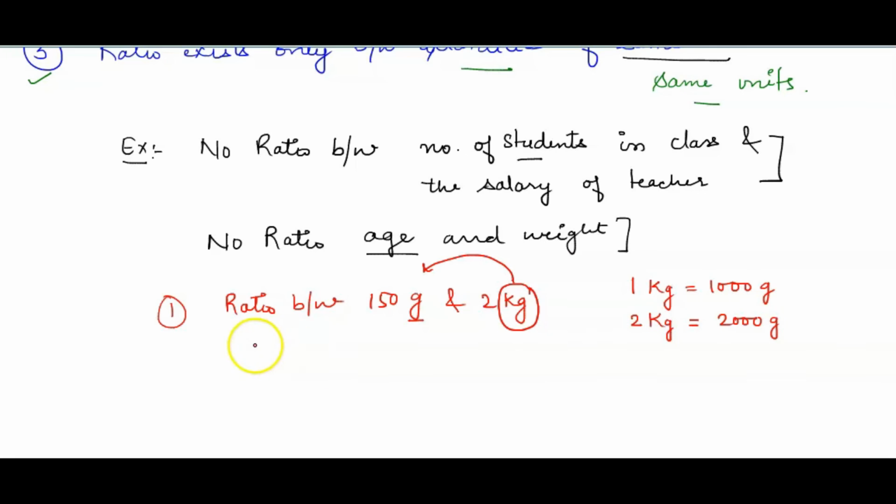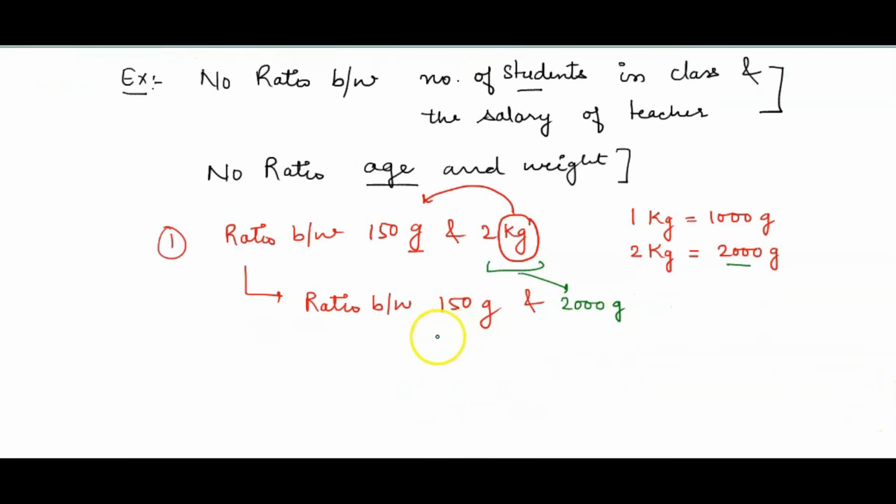So now we can find the ratio between 150 grams and, in place of 2 kg, 2000 grams. We have to find the ratio between 150 and 2000, which can be written as 150 divided by 2000.